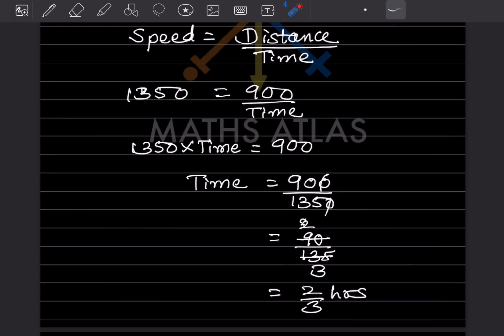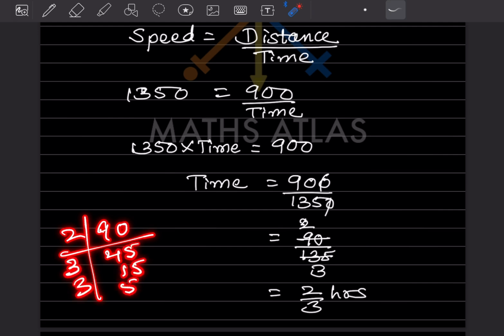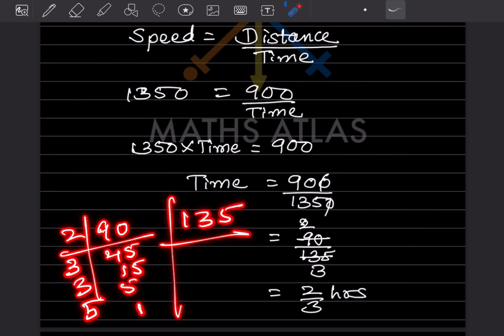So you can simplify this one. 45 twos are 90 and 45 threes are 135. Or you can take the HCF of this one. If you don't know the table and if you're getting confused, you will take the HCF of 90 and 135. That goes with 3.